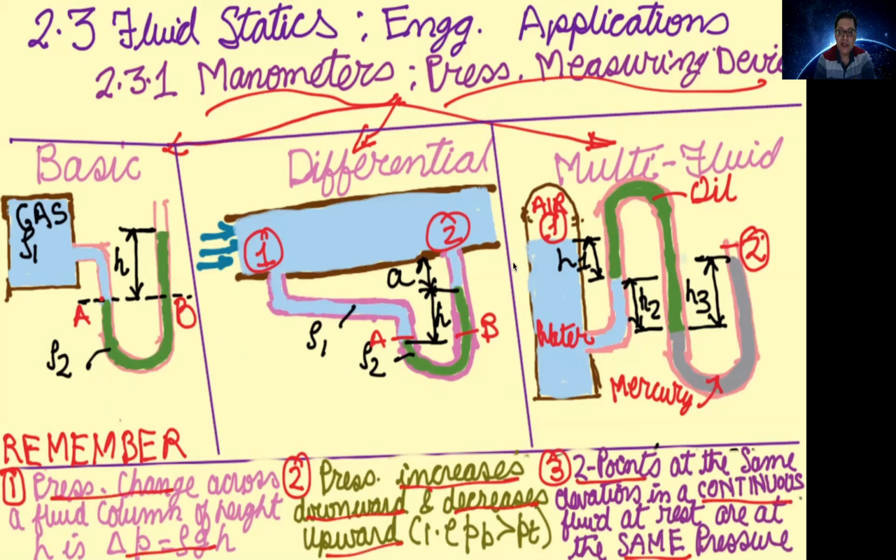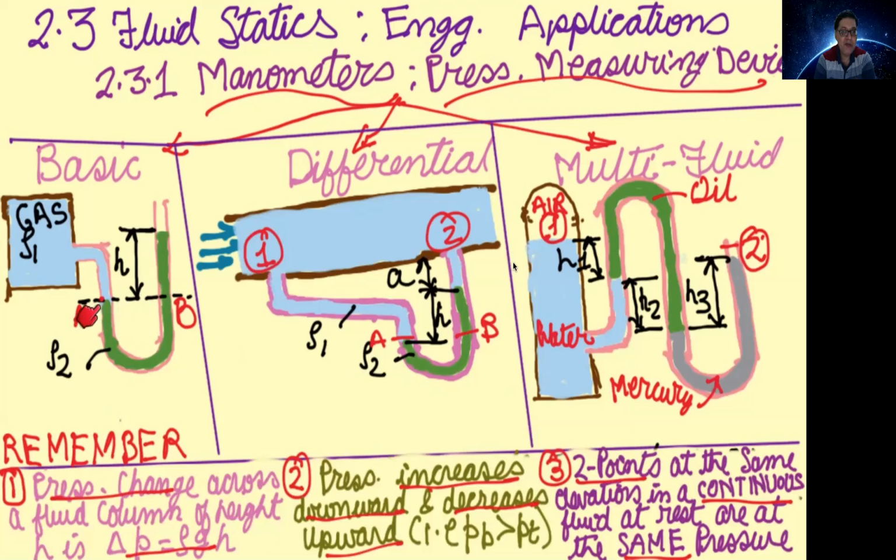What is meant by this? 2 points at the same elevation. Like if you consider A and B, these 2 points are at the same elevation, which is a horizontal line, and both these points are in a continuous fluid, because you can see that A is also in contact with the green fluid, B is also in contact with the green fluid. So these 2 points which are at the same elevation in the continuous fluid, PA is equal to PB.